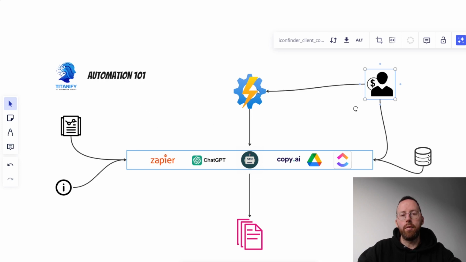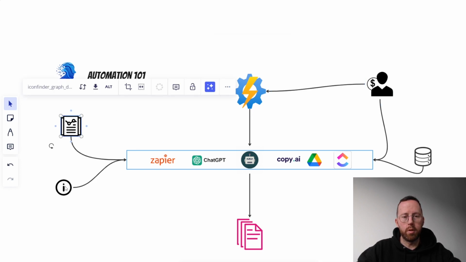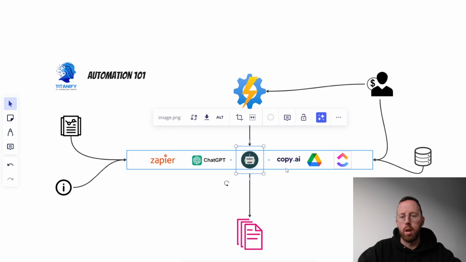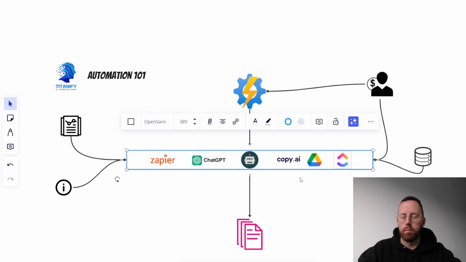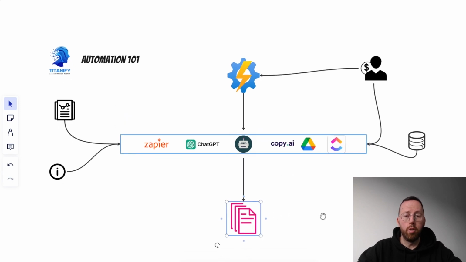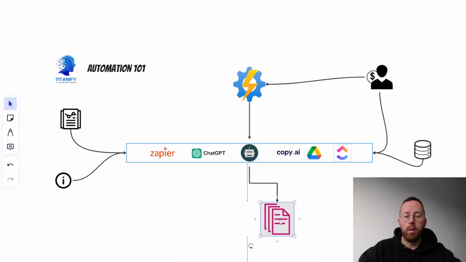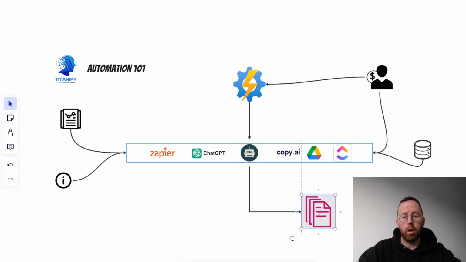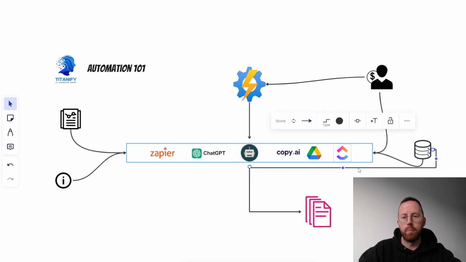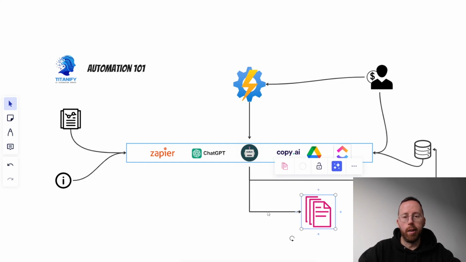So you have your trigger, you have your inputs, you have your tools, and at the end of the automation, something needs to happen. There should be an output. I put here the icon for documents, but it can also be data, or anything that you want to happen.